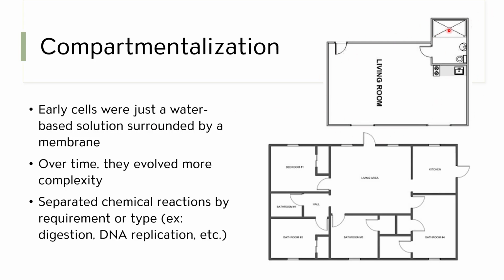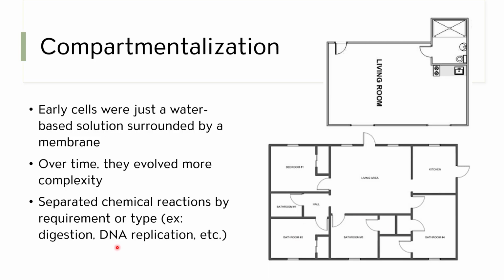There's one cell membrane, and they kind of have some chemicals inside, but otherwise it's all one big living space. And over time, these cells evolved more and more and more complexity, usually by compartmentalizing themselves. They would create smaller pockets within their cell structure to have more specific coordinated activities occurring.